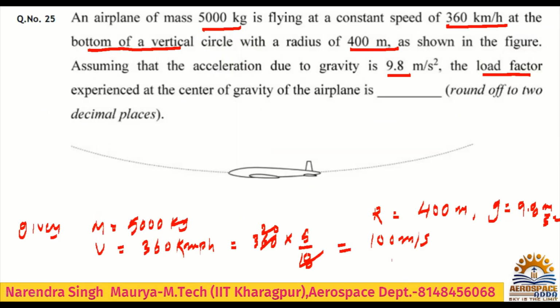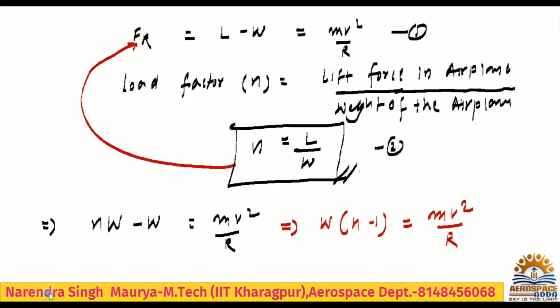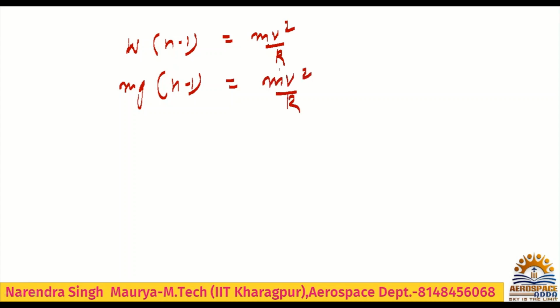Here we know that the speed is 100 meter per second, radius 400, g 9.8. Everything is given. The unknown is n only. So W is mg, so mg into n minus 1 is equal to mv square by r, the m cancels out. What is n minus 1 equal to? So what will be n?